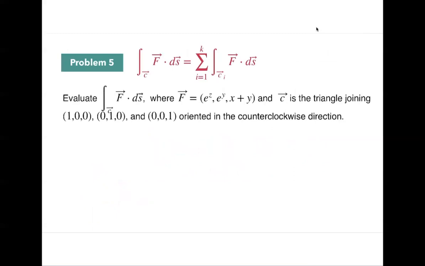For example, let's say that our curve C is a triangle joining 3 points. Let's say it's the x, y, z axis, and here 1, 0, 0, 0, 1, 0, and 0, 0, 1. And our C is given by like this. There are 3 piecewise curves.